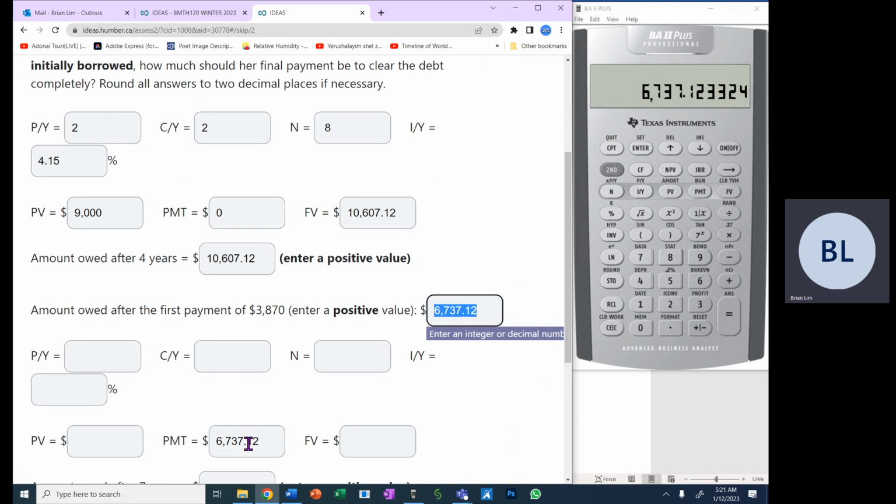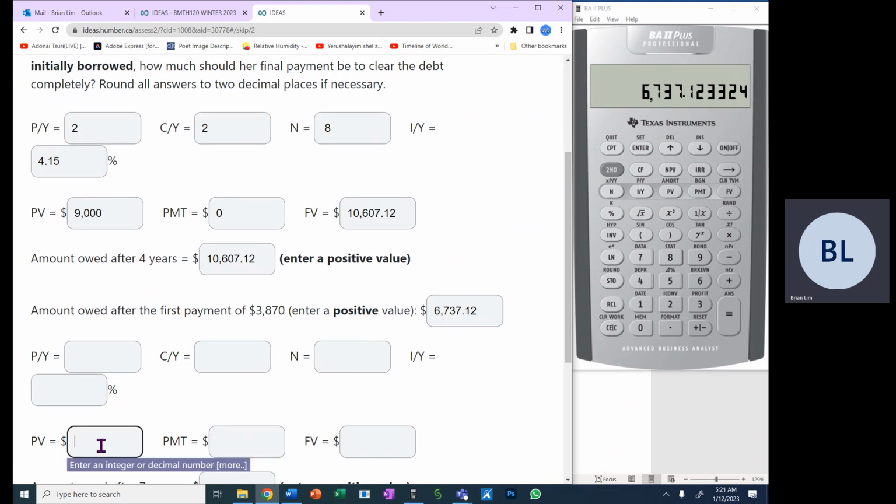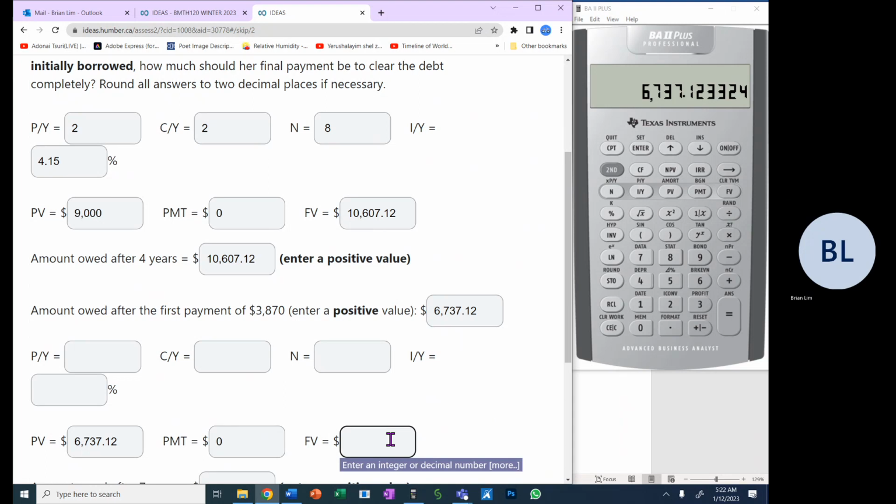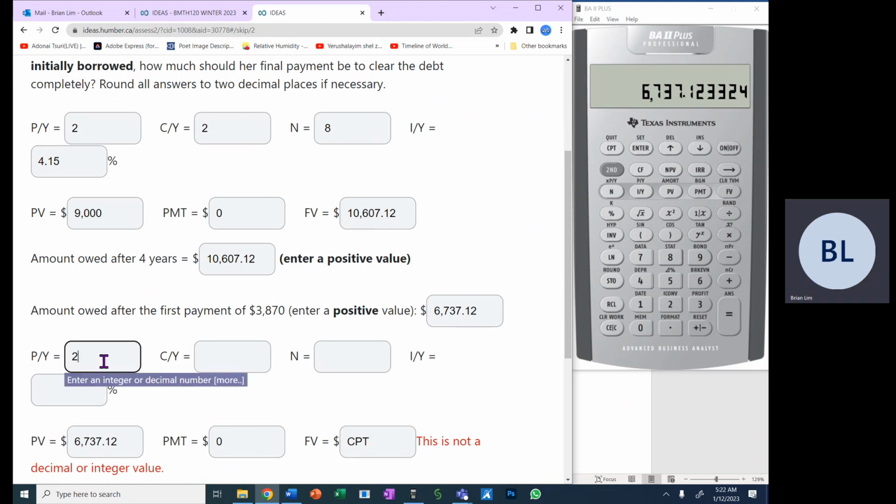And that became the next entry for, sorry, this is in the wrong box. Okay, so let's get it out of here and put it in here. This should be where it should be. Present value. Payment is indeed 0. Okay, now we are correct. And we will compute again the future value.